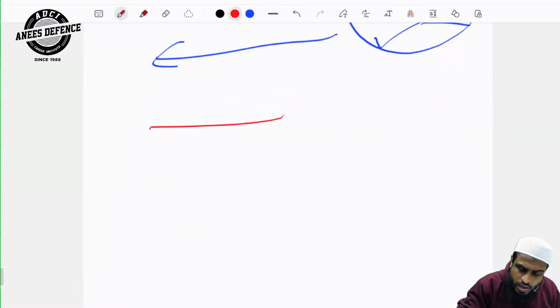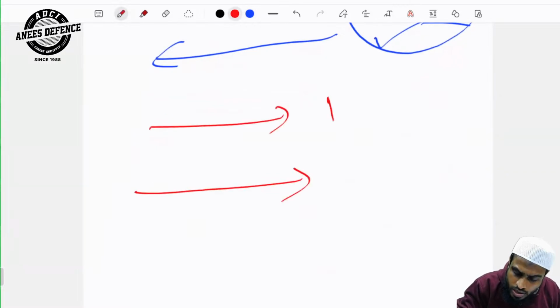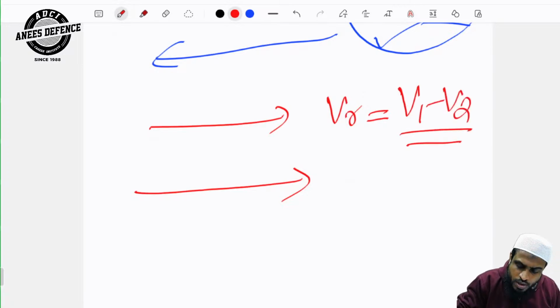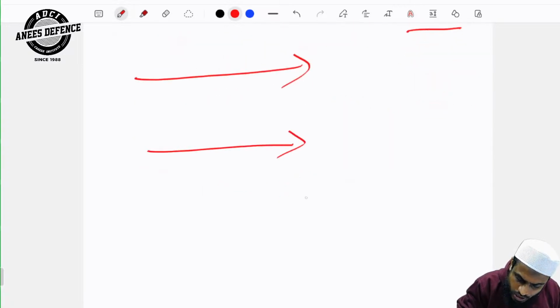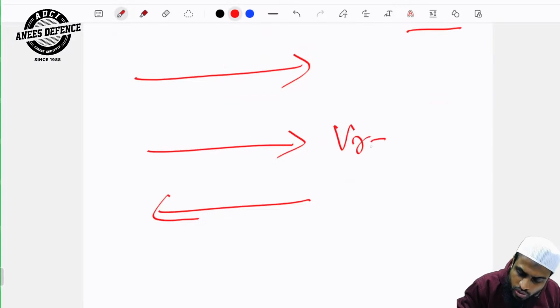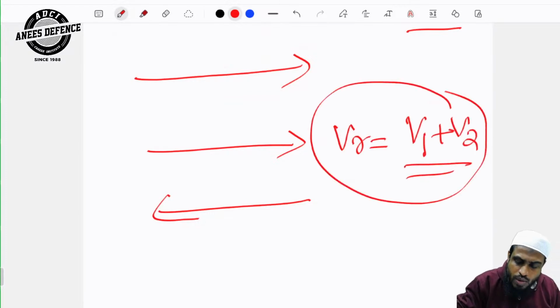If the two bodies are moving in the same direction, relative velocity should be V1 minus V2. When the two bodies are moving in the opposite direction, velocity should be V1 plus V2, because they are moving away from each other in a quick manner.